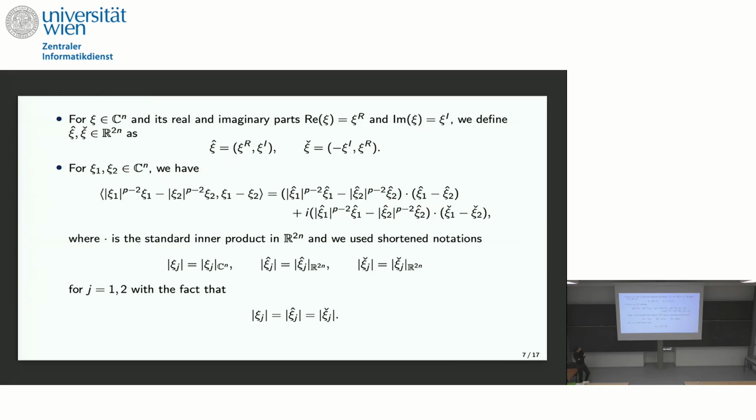For any vectorial complex number, there will be a real part and an imaginary part, so let me write this for denoting it this way.